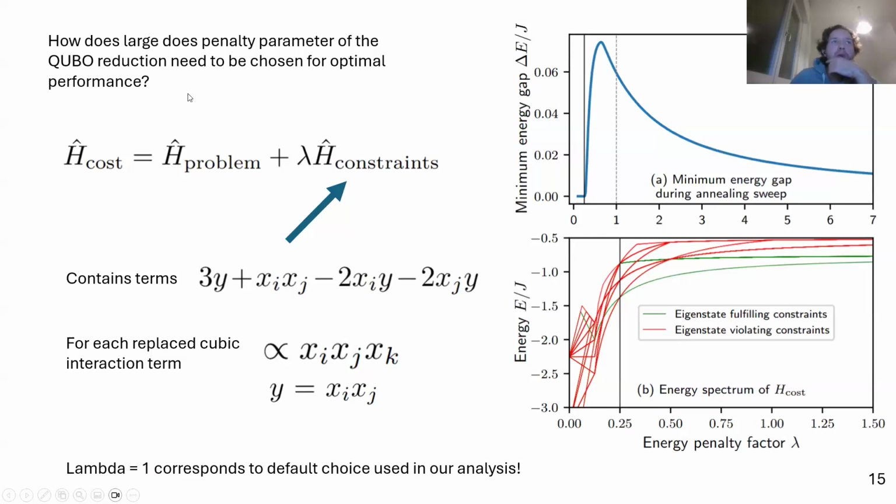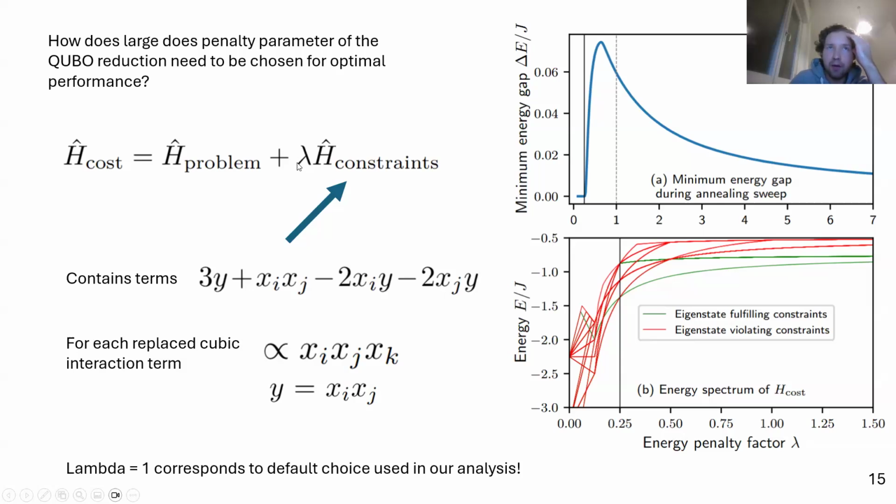if we go from the PUBO formulation to the QUBO formulation and introduce these ancillary variables, we have the following problem. We have this cost Hamiltonian, which now contains the problem Hamiltonian plus these constraints that we introduced. These are scaled by some lambda, and this lambda has to be chosen large enough so that it's never worth it to violate the constraints, basically.